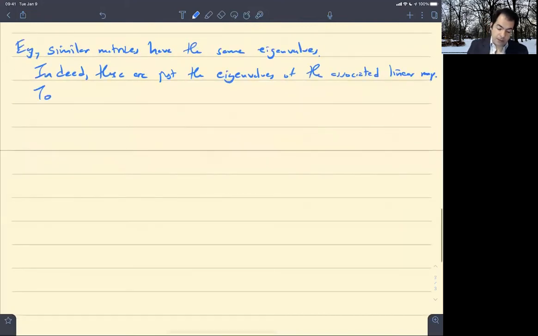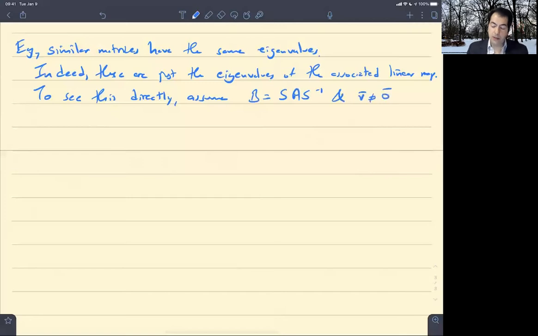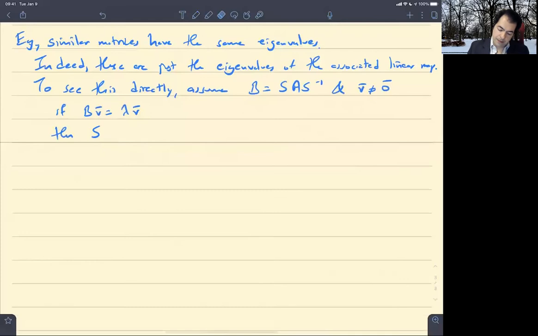You can also see this directly. Assume that B is equal to SAS inverse, and v is a non-zero eigenvector for B. So if Bv is equal to lambda v, then SAS inverse of v is equal to lambda v.